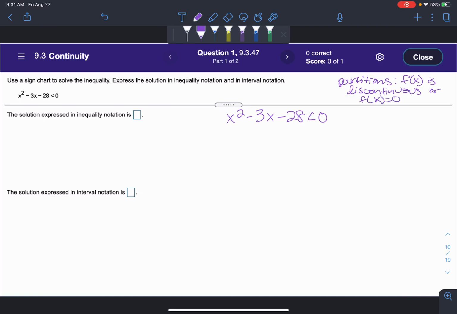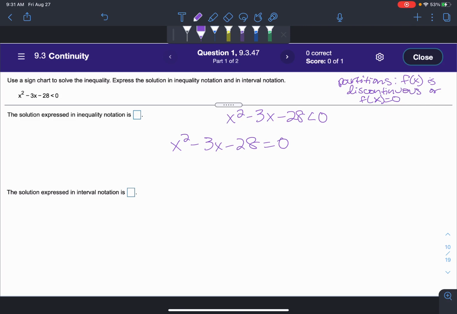And here our f of x is this polynomial on the left-hand side. So it's a polynomial, so it's always going to be continuous, right? I can always put in any number and get a number out. So we want to think about where my function can be equal to 0.